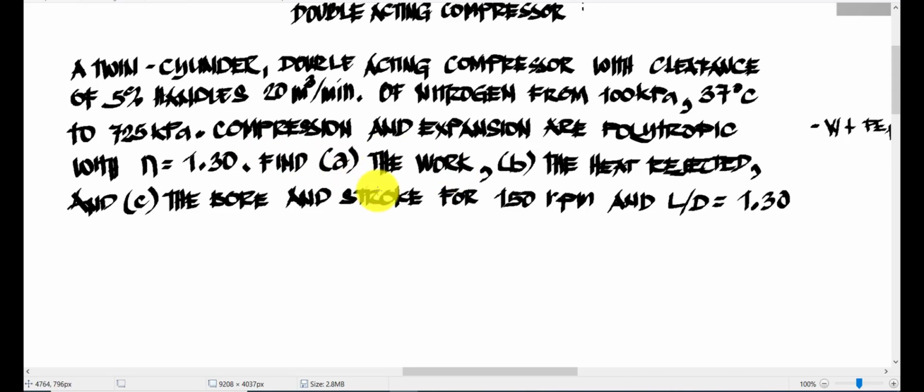Find A, the work and how much heat is rejected, and what will be the bore to stroke ratio for the given RPM, which is 150, and L over D, that is the length of stroke over the diameter of the piston, which is equal to 1.3.